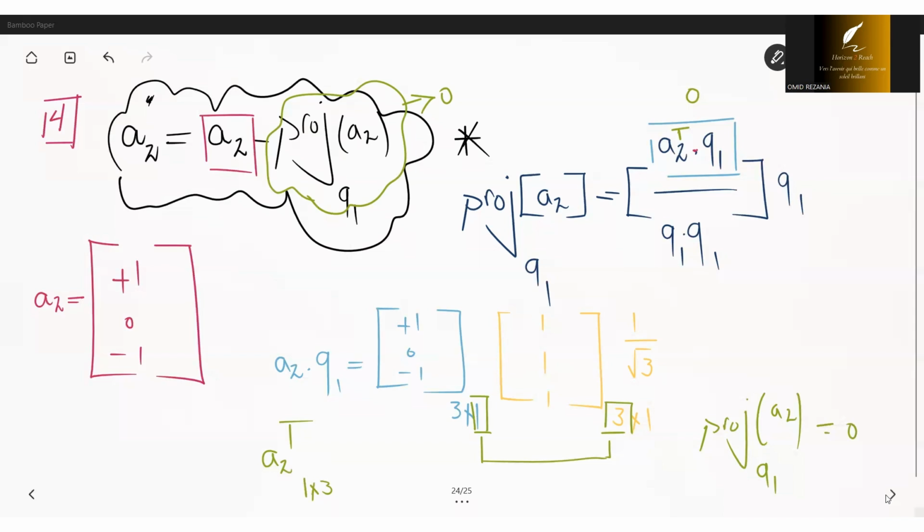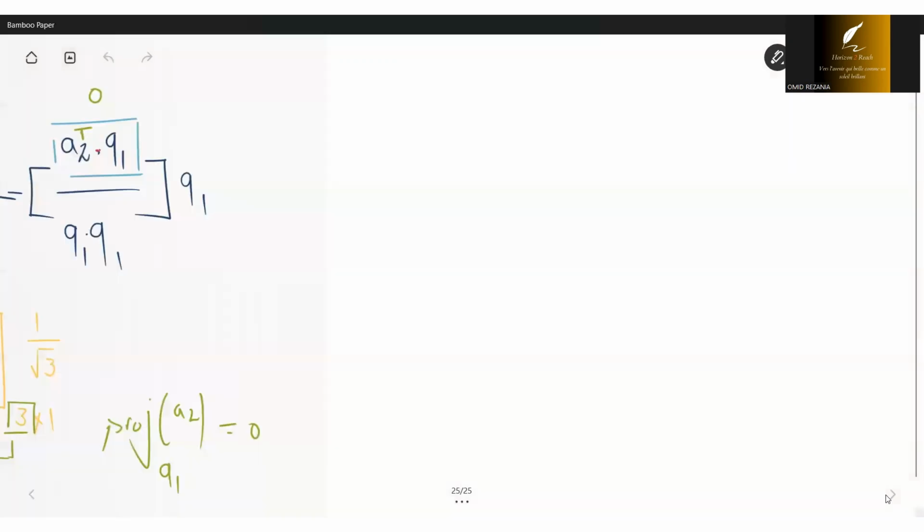You remember from before the break, we found that the projection of A2, which is column 2 of the given matrix, along Q1 becomes 0. Then when you subtract that projection from A2, you get back A2 itself. This is one exception. This is a very particular case where the projection is 0, and you just go right away with A2.